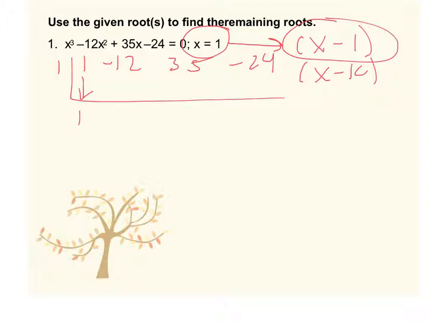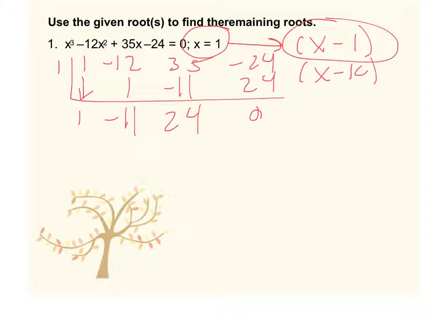So I bring down the 1. 1 times 1 is 1. Negative 12 plus 1 is negative 11 times 1, still just negative 11. Adding those together, we get positive 24 times 1 is again just positive 24. Add those together, we get 0, which is good because we verified that 1 is indeed a 0.